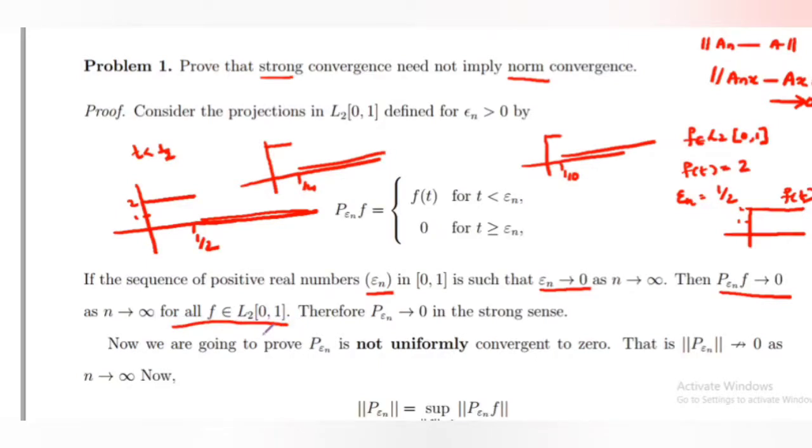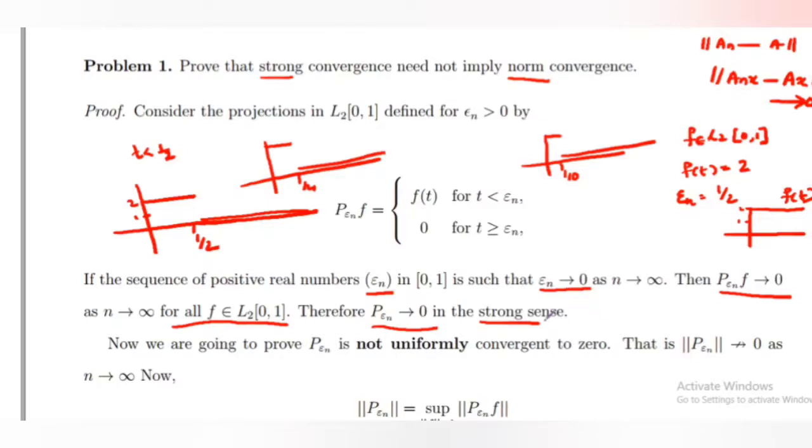That means P epsilon n tends to 0 in the strong sense. Here Anx converges to Ax, so Pn f tends to 0, and this you can write as 0 of f. Therefore Pn f converges to 0 in the strong sense.